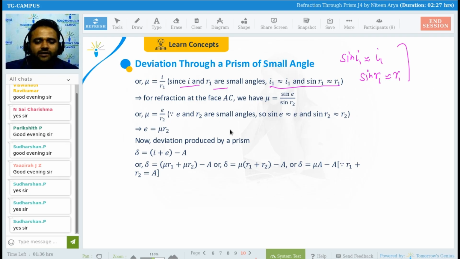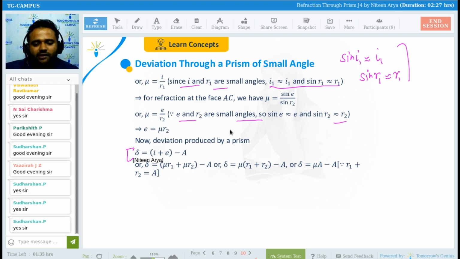For the refraction at the surface AC, mu equals sin E by sin R2, with mu 1 being 1. So mu equals E by R2, because E and R2 are small angles, so sin E equals E and sin R2 equals R2. So E equals mu R2.